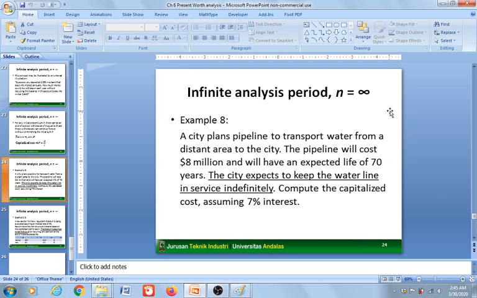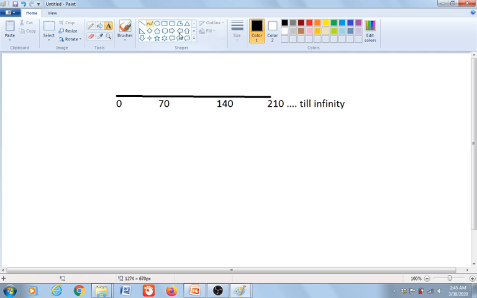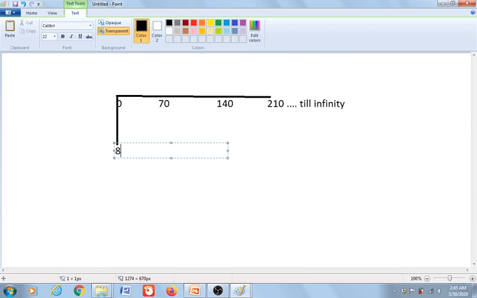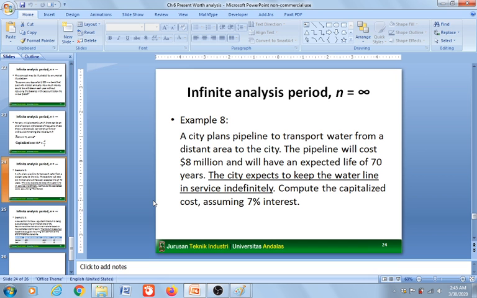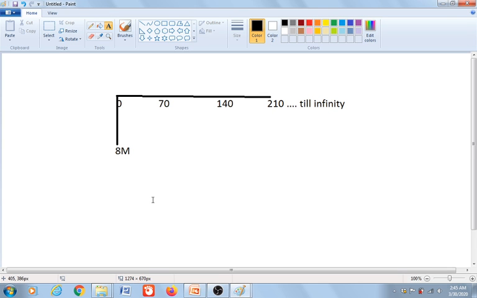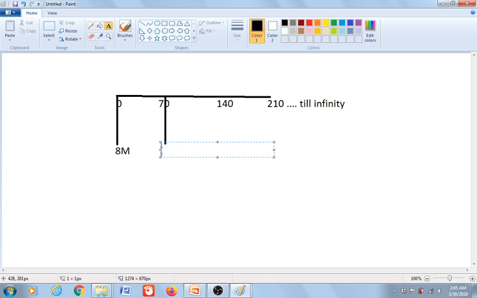The cost of the pipeline is 8 million, so we have that in year 0. And after 70 years we need to get a new pipeline, so the cost is also 8 million.